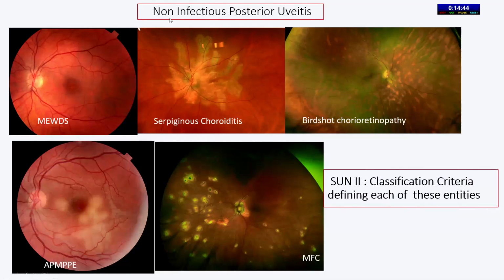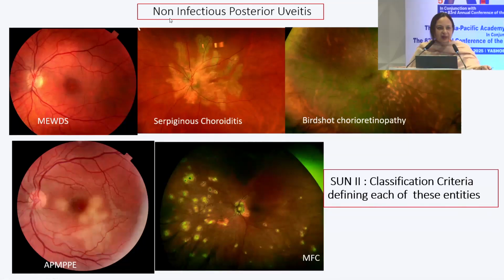Non-infectious posterior uveitis. We chose these 5 diseases because they have been clumped together as white dot syndromes. And like Sapna said, they were dumped together because we did not want to differentiate one from the other for the sake of convenience. But they are not the same. Some of them need treatment, some do not need treatment.